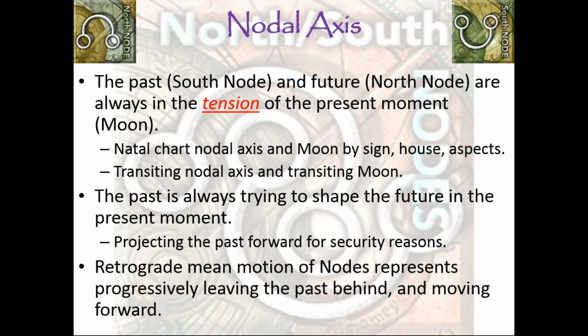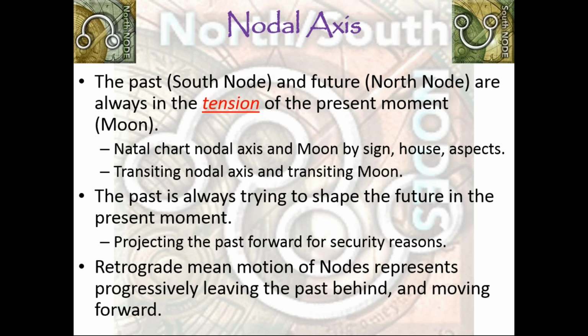Now, what's happening with the past and future always in tension of the present moment? The past is always trying to shape the future in the present moment. And typically, this means that we're going to project that past forward for security reasons. Example, how many times do you say, I am not going to date that type of person?